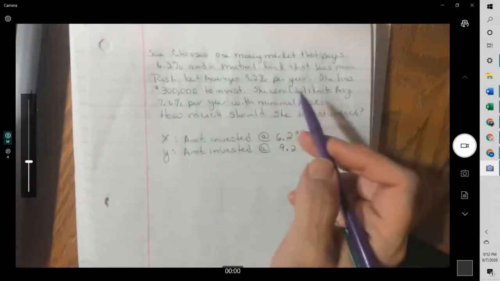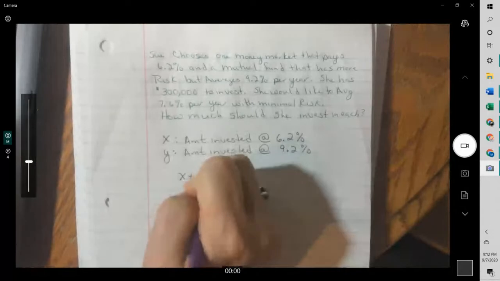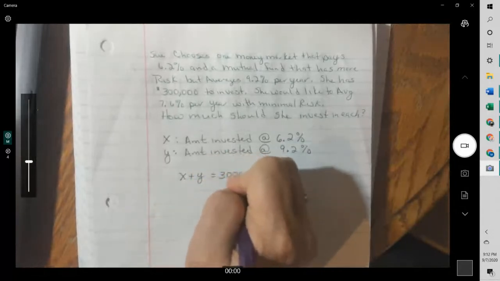And the total we're investing is $300,000. So if this is the money she's putting into both, the two together need to be $300,000.